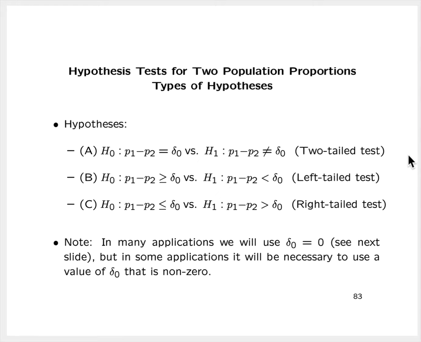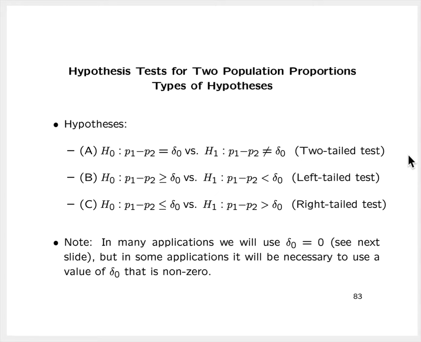And so there are, again, three types of hypotheses that we can test, the same three types we've been looking at for quite some time now. We have hypothesis A, which is a two-tailed test, hypothesis B, a left-tailed test, and hypothesis C, a right-tailed test. Now let's look at these in detail.